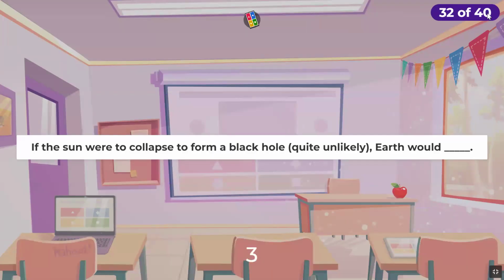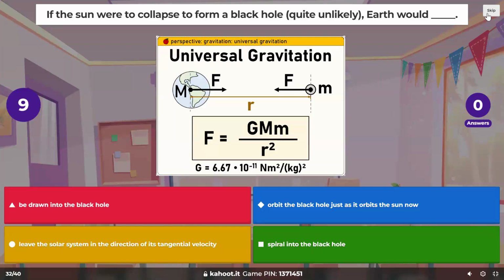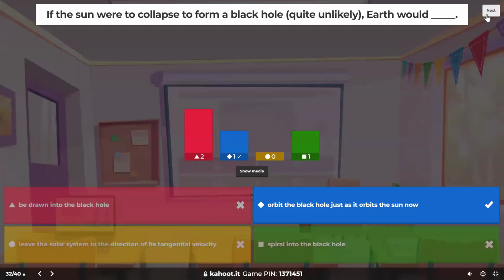If the sun were to collapse into a black hole, what would Earth do? Think about orbital mechanics. Yeah, so it would orbit the black hole just as it orbits the sun right now. Because from the point of view of universal gravitation, none of the numbers actually change.